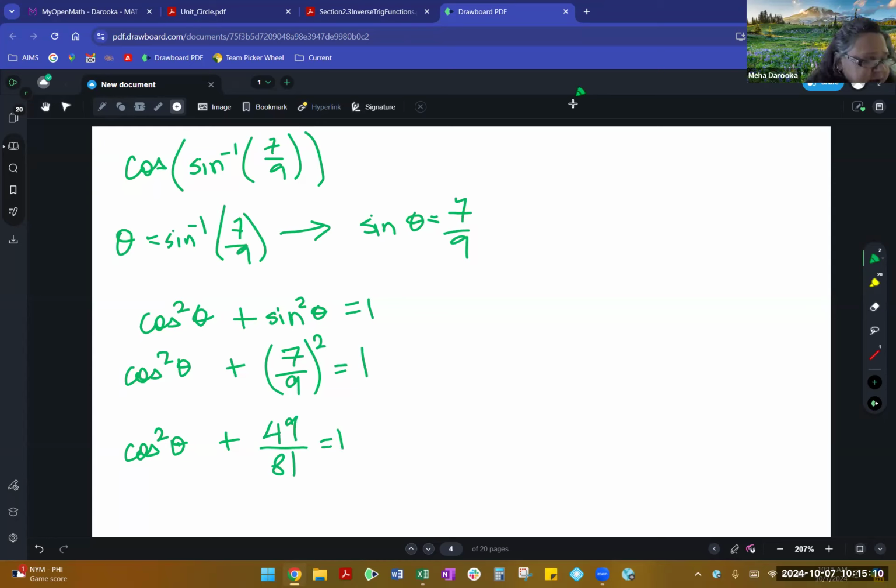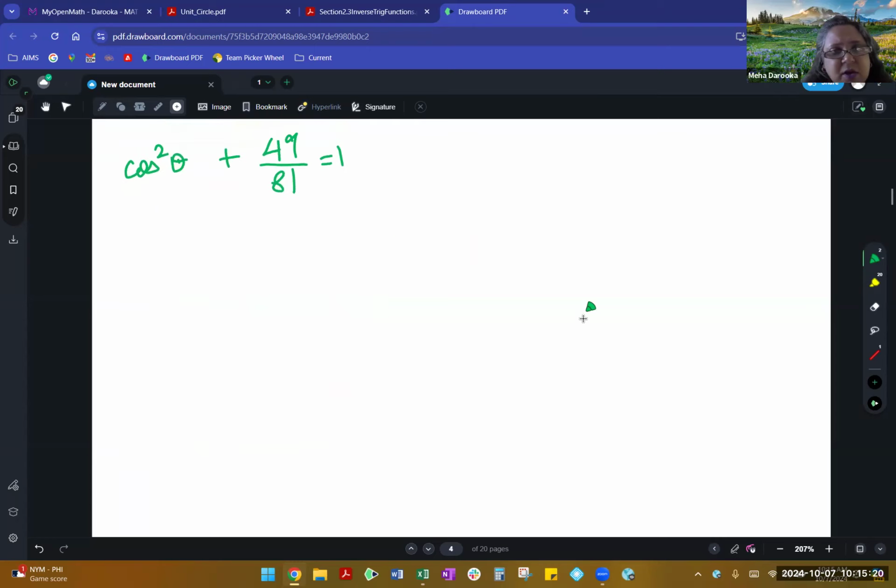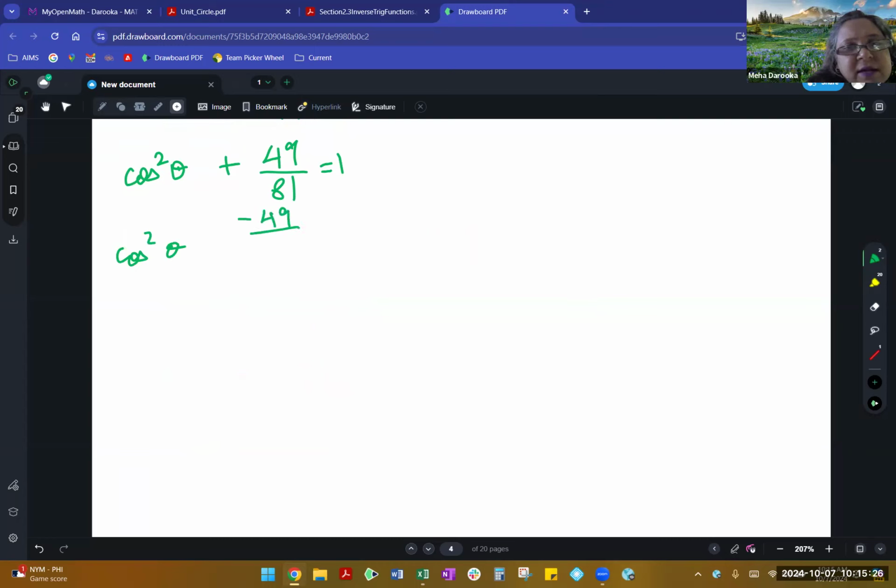And then subtract that from 1, because we're trying to isolate cosine squared over here. Cosine squared theta, I am subtracting the 49/81 on both sides.